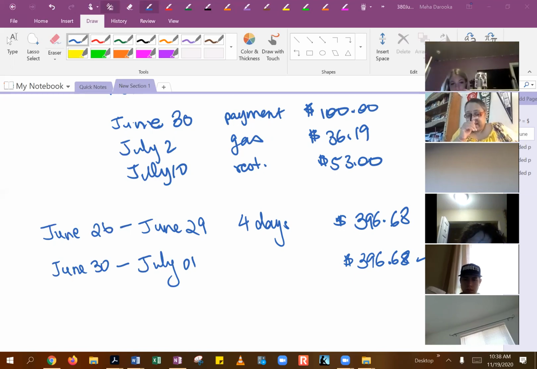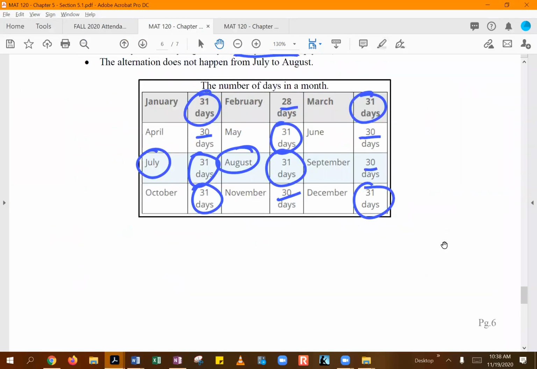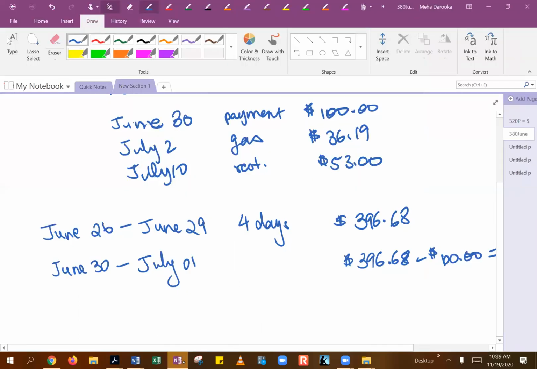So going from June 30th to July 1st, how many days are you looking at? It's going to be 2 days, because June only has 30 days. So June 30th would be the last day, and then July 1st would be the new day. So that would be a total of 2 days at this balance of $296.68. You know what? I think I'm actually going to write this over here.